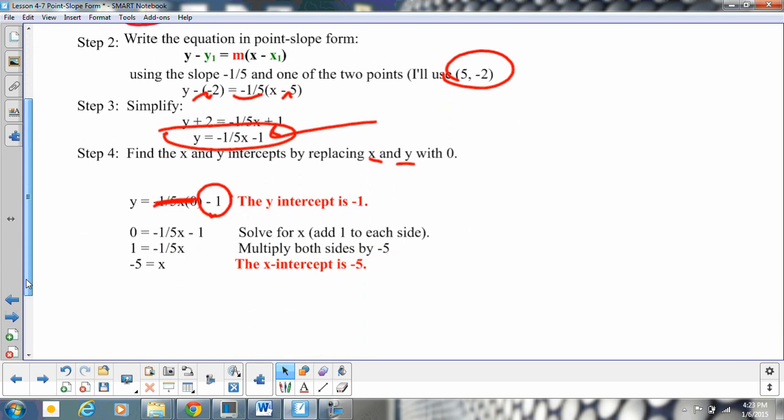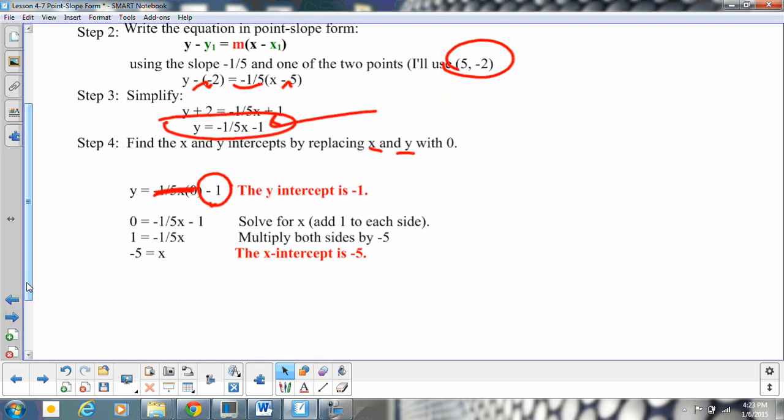Now find my x-intercept. I put a 0 in for y, because the x-intercept occurs where y is 0. That gives me the equation 0 = -1/5 x - 1. First of all, add 1 to each side.